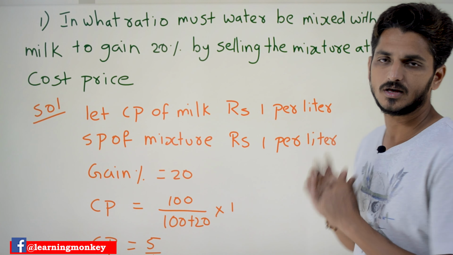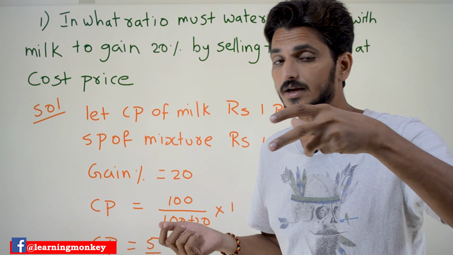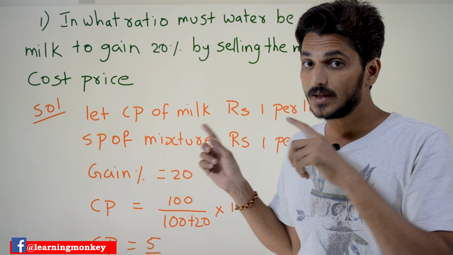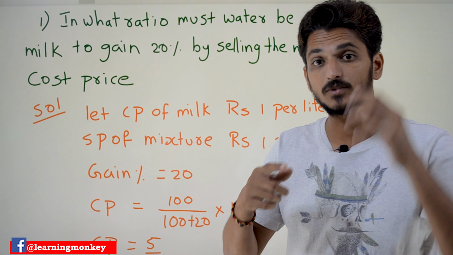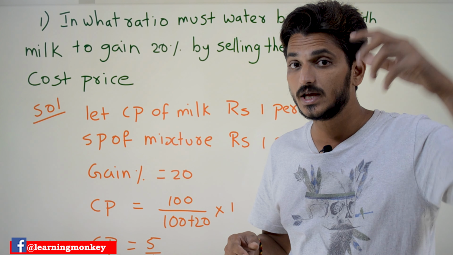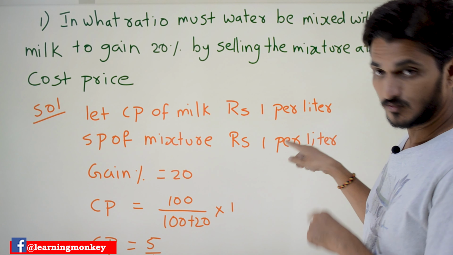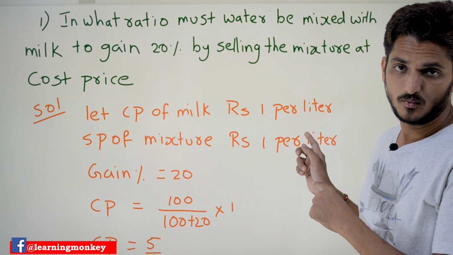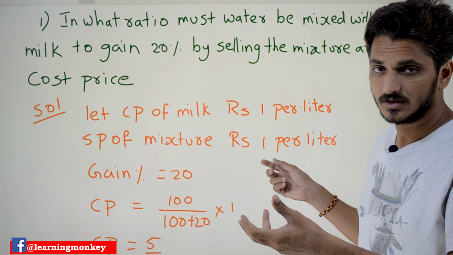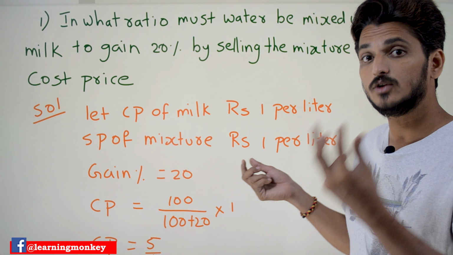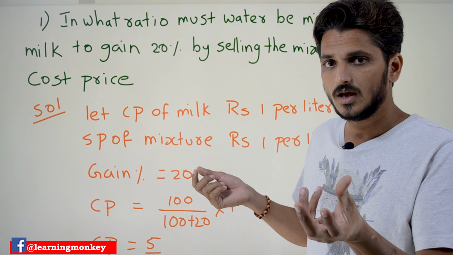Even though you sell this mixture for 1 per liter, you are going to get a gain of 20%. Selling price is given. Again, from profit and loss, we can identify the cost price. If you sell this mixture for 1 per liter, this is the selling price, and in this 1 rupee we are going to get 20% profit.